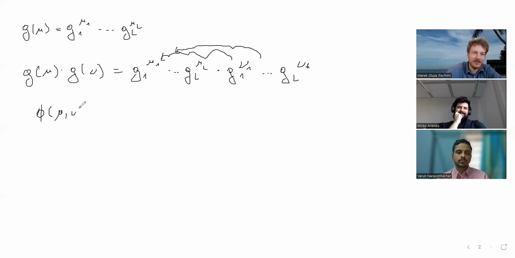We could sum over k strictly smaller than k prime, and then I take mu k and nu k prime. So we are basically summing over some sort of triangle.